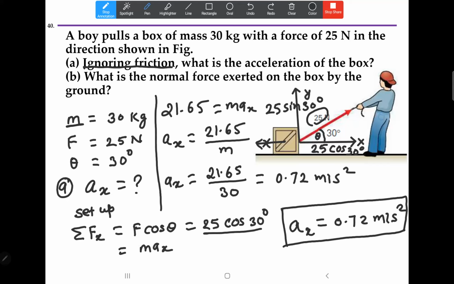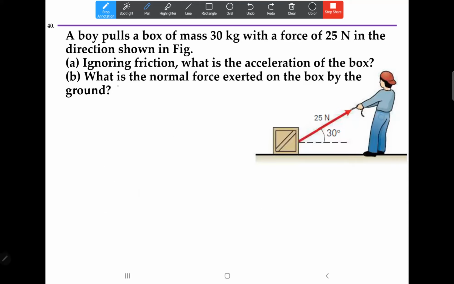Now let's calculate the second one. What is the normal force exerted on the body by the ground? This object is placed on the surface. Gravity will pull it downward, and there will be an upward force applied by the ground that we call the normal force.